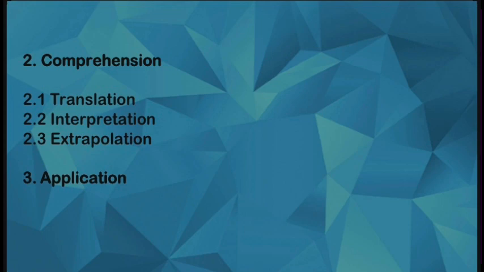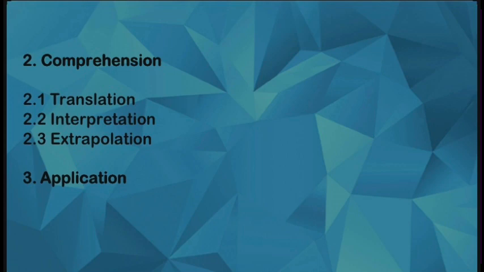Let's proceed to the second level. Number 2 is comprehension. This level involves interpreting and grasping the meaning of information. It includes subcategories such as 2.1, translation. This subcategory involves understanding and interpreting information in one form and expressing it in another form.